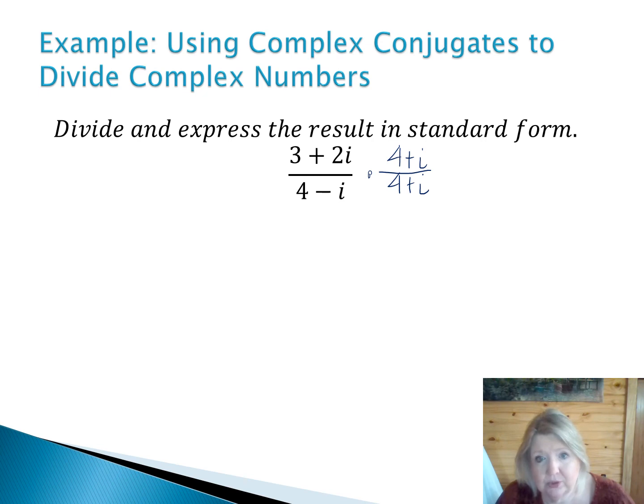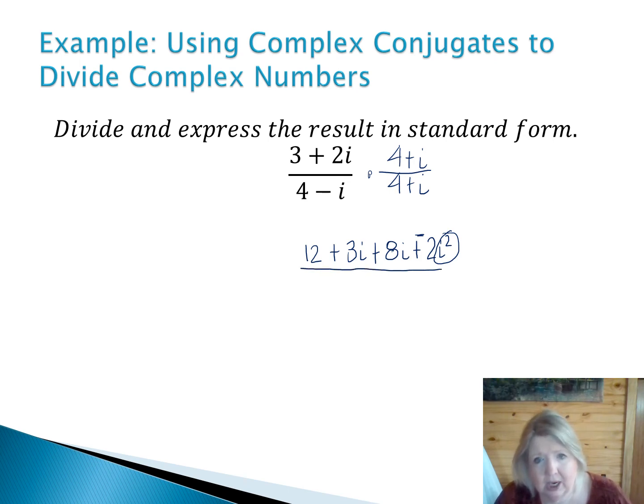So first, 3 times 4 is 12, plus outer, 3 times i is 3i, plus inner, 2i times 4 is 8i, plus last, 2i times i is 2i squared. But again, i squared is negative 1, so it's going to change the sign there.